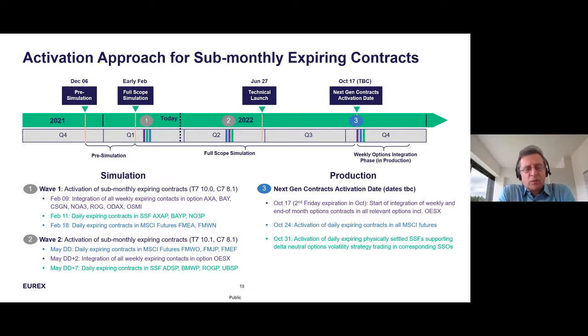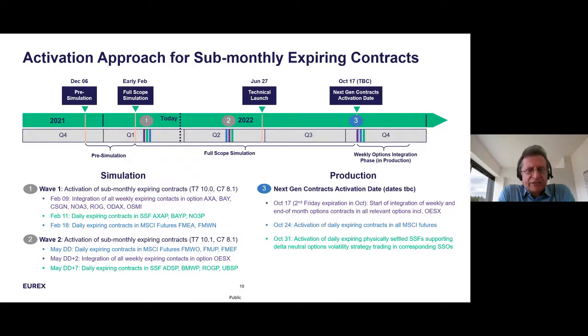In addition, we also activated weekly expiring options in the option on the DAX index and the option on the SMI, the Swiss Market Index. In addition, which is not mentioned here on the slide, since yesterday, weekly expiring contracts in the Bund options are also supported.